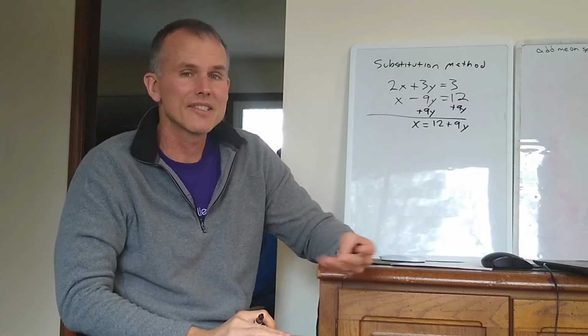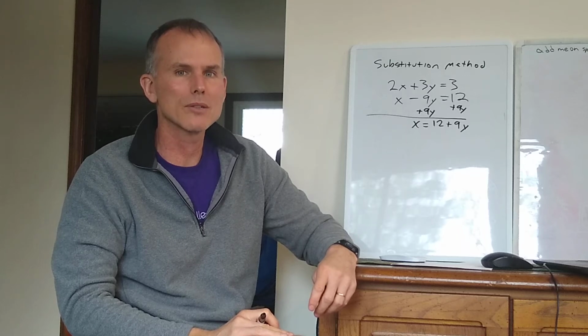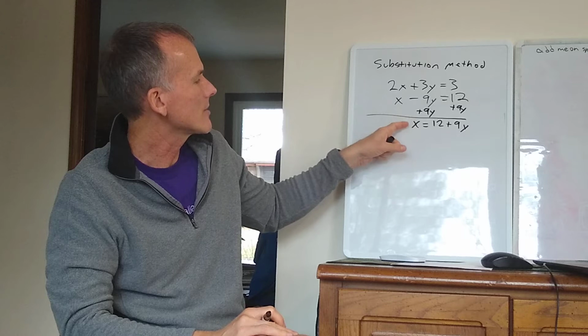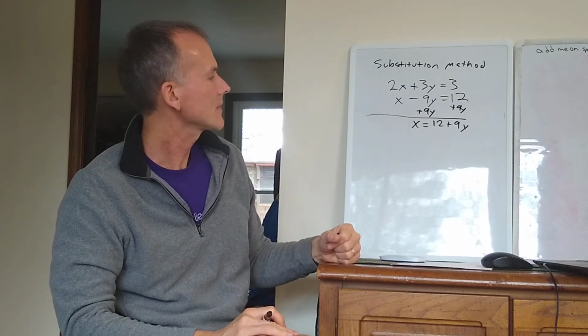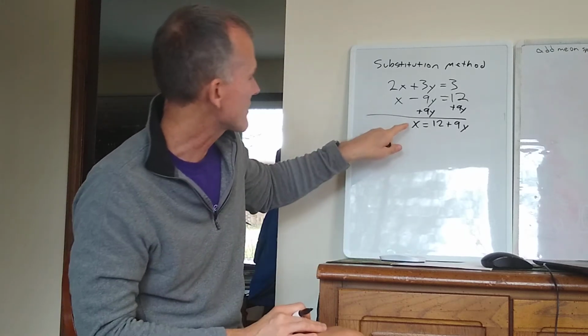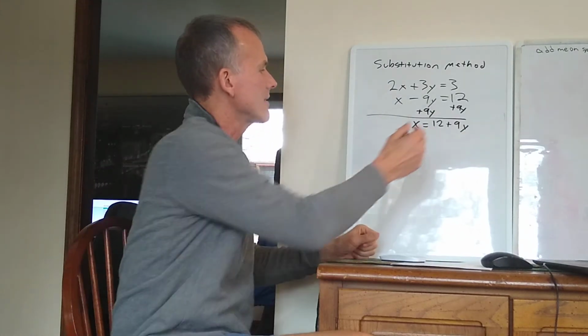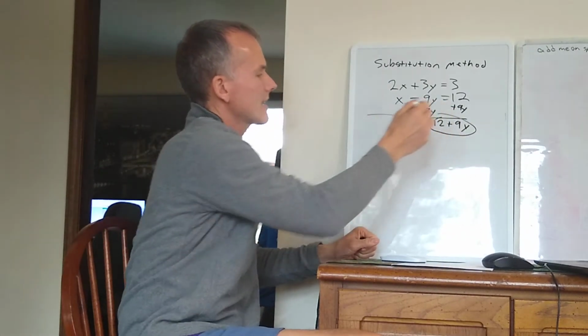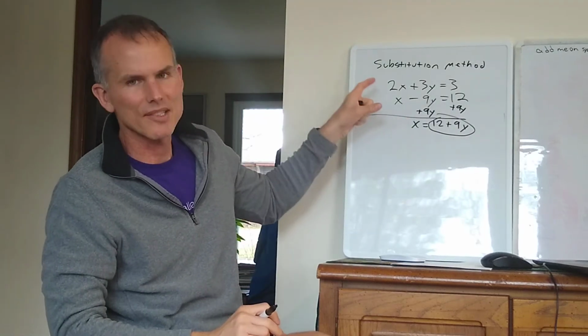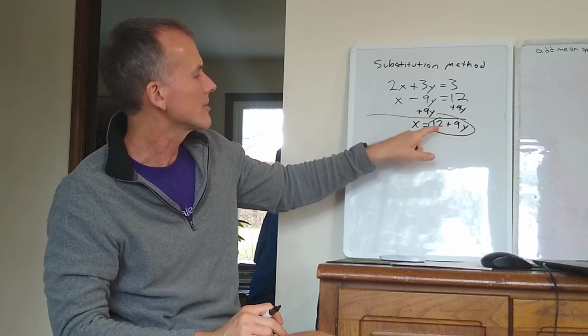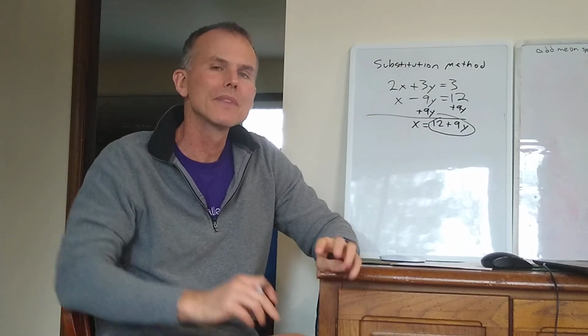Okay, so I did step one. I solved one of the equations for one of the variables. Specifically, I solved the second equation for the x variable. Now, if you look at this, it says that x is equal to this expression right here. So in this system, the value of x always has to be exactly equivalent to the expression 12 plus 9y.